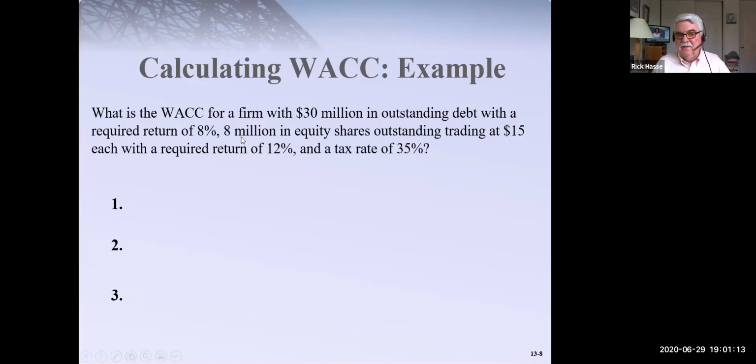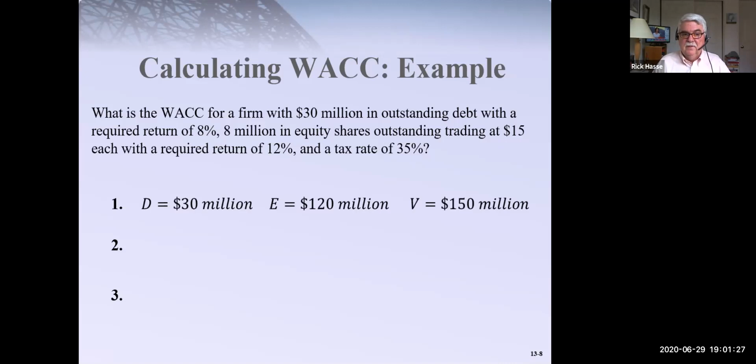It has 8 million shares of equity at $15 a share with a required return of 12%, and their tax rate is 35%. So first of all, we know their debt position is 30 million. If we take 8 million shares times $15 a share, we get $120 million. So step 1 tells us the company has a market value of $150 million.